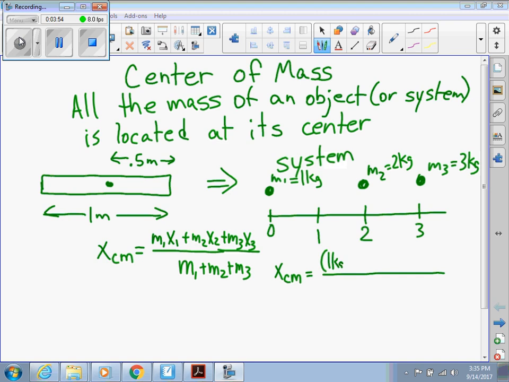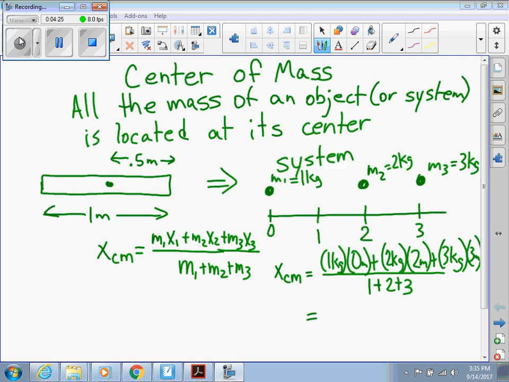It's 1 kilogram, and its position is 0 meters. Object 2 has a mass of 2 kilograms and a position of 2 meters. Object 3 has a mass of 3 kilograms, located at 3 meters out. And we divide that by mass 1 plus mass 2 plus mass 3.